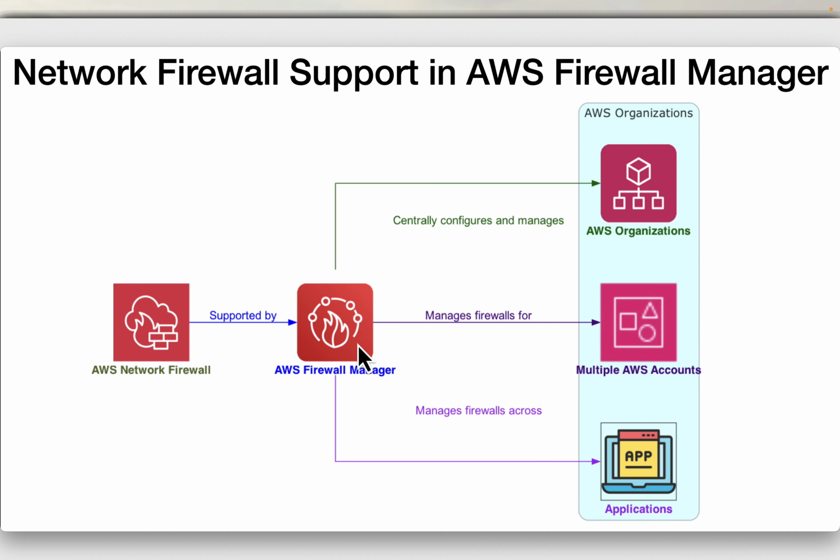So you can create the configuration and manage configuration through this product also, which is used across all your AWS organization accounts, multiple AWS accounts, and manage firewalls across applications. So you can use Firewall Manager to centrally configure and manage your firewalls across your accounts and applications in AWS Organizations. You can manage firewalls for multiple accounts using a single account in Firewall Manager.